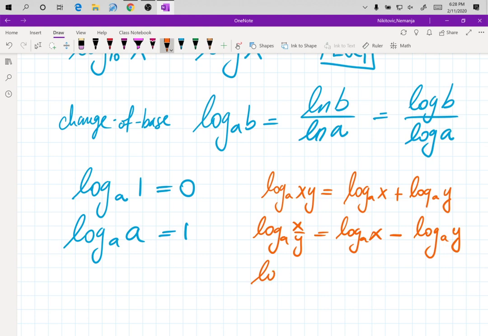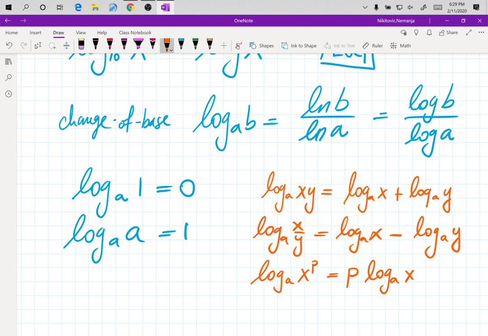And finally, log a of x to the p is p log a x. Those are the three formulas which we used for logarithmic differentiation in Calc 1. And these formulas are even proved through integrals in the book if you open it, but we just don't worry about it. Now that you know your pre-calculus for logs, we can finally go ahead and write the derivative and integral formulas and be done with 7.1.